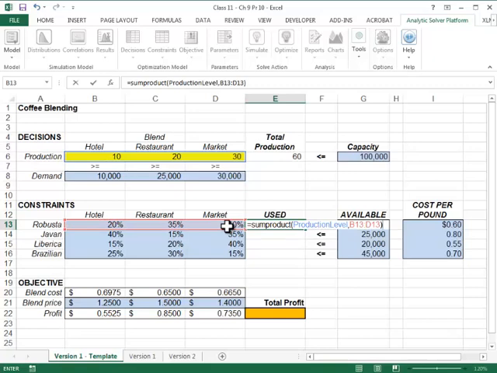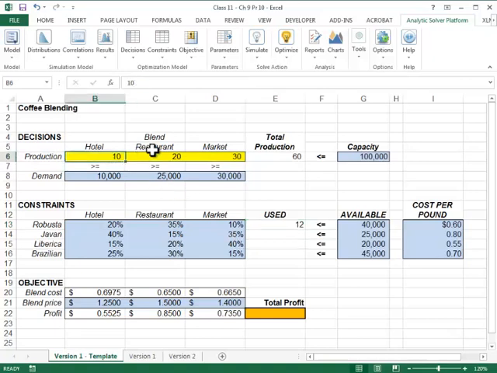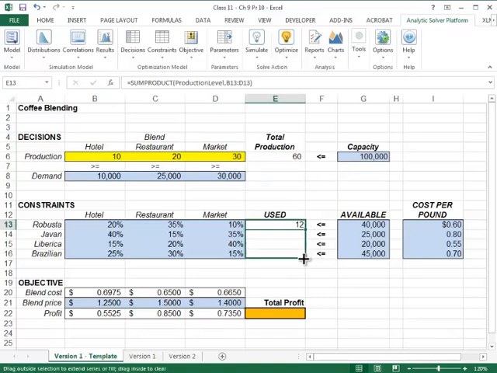And when I hit enter, I will see that with this particular production schedule, I'm using 12 pounds of the Robusta beans. And I can copy paste this and I don't need to worry about the absolute referencing because I already have a range name. This shows me how many pounds of each type of bean I've used.